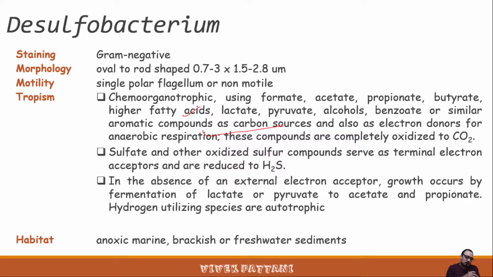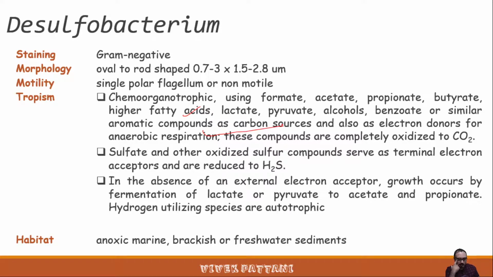They can also use these compounds in anaerobic respiration, instead of oxygen, and these compounds are completely oxidized to carbon dioxide. Sulfates and other oxidized sulfur compounds serve as terminal electron acceptors and are reduced to hydrogen sulfide.